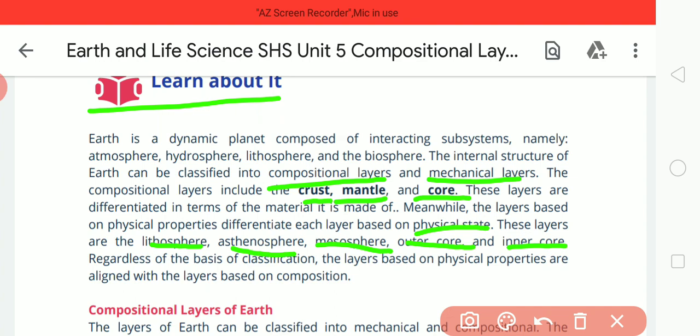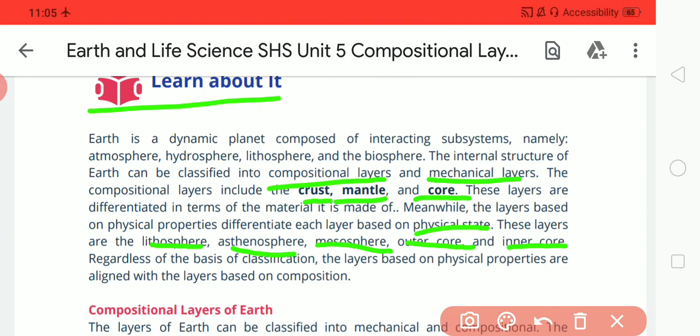Like for example, the crust is a solid form. The mantle has a semi-solid physical state. The inner core has a purely solid form, while the outer core is liquid. So that is what is considered in mechanical layers: the type of physical state each of the layers of the Earth belongs to.